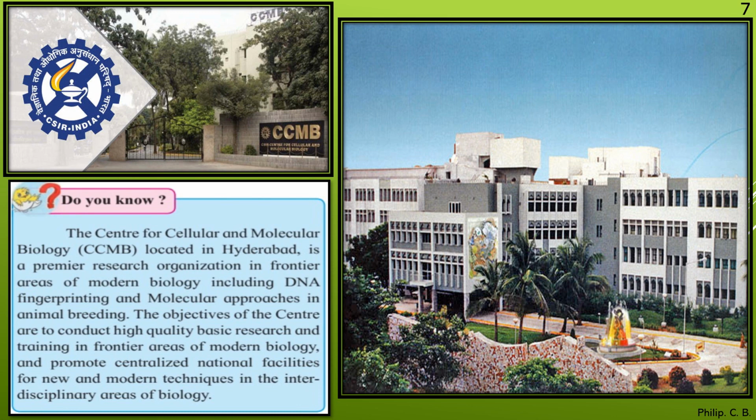The main objective of this center is to conduct high quality basic research and training in frontier areas of modern biotechnology, and it also helps to promote centralized national facilities for new and modern techniques in interdisciplinary areas, that is, in different fields of biology. Towards the right you can see the CCMB institute, located in Hyderabad.